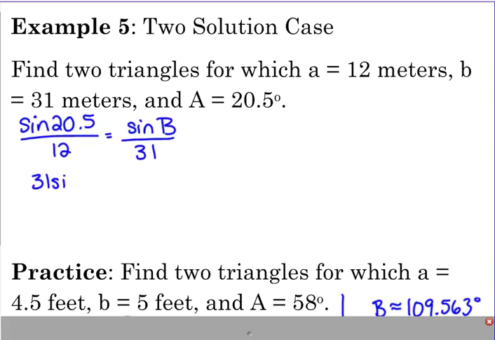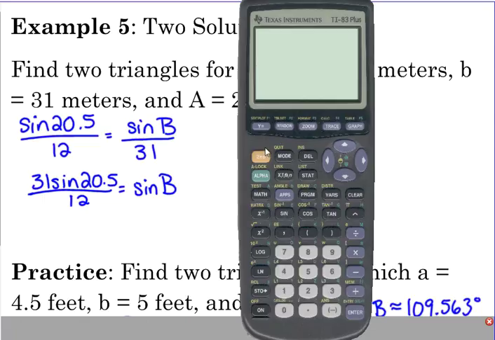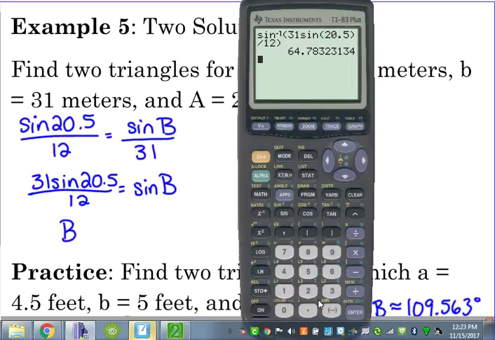Cross multiply: 31 sine of 20.5 over 12 is equal to the sine of B. So let's do the inverse sine of 31 sine 20.5 over 12. Okay, we get 64 degrees for angle B.